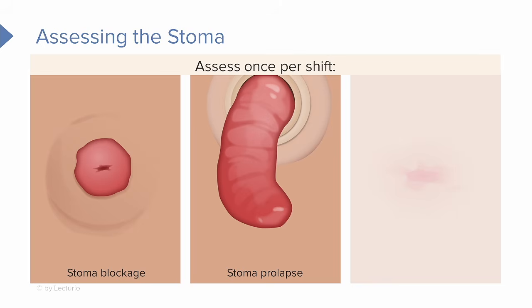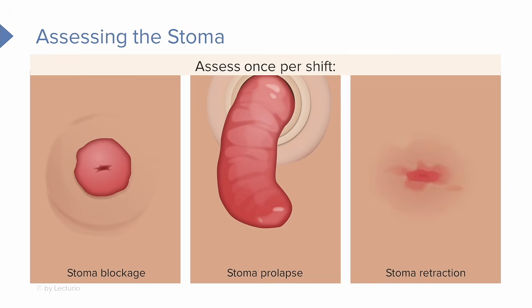Or maybe the opening around the stoma is too large. We call this a stoma prolapse. This actually comes up quite a bit with pediatric patients because they have weak abdominal muscle tone.